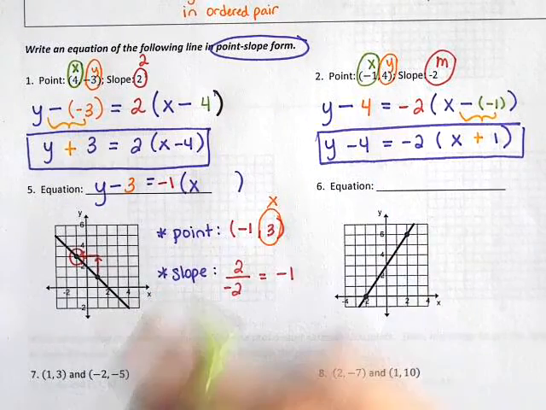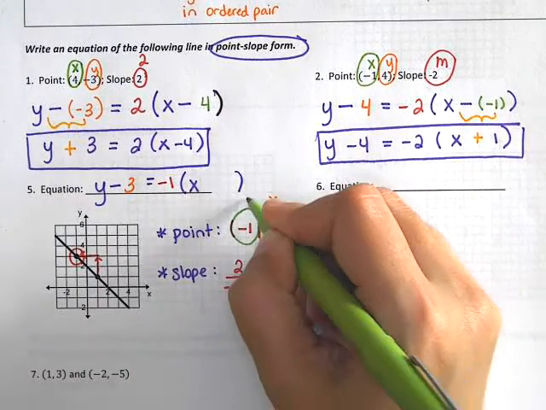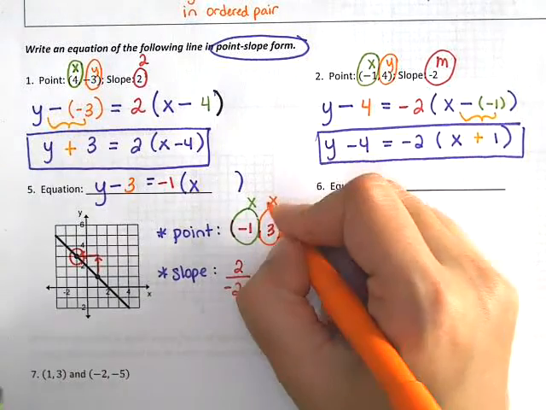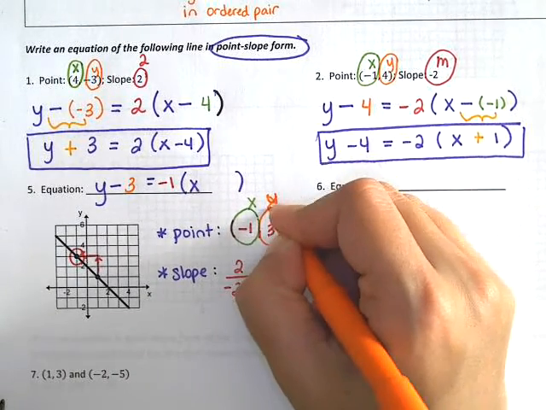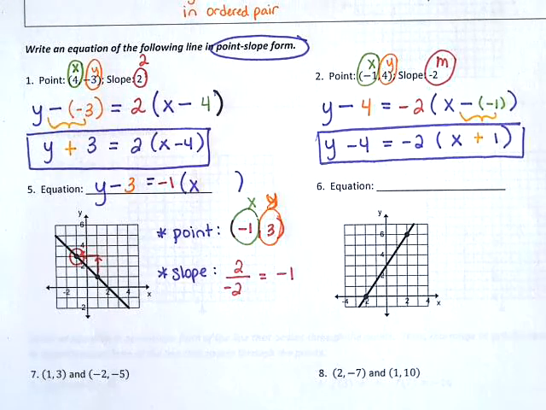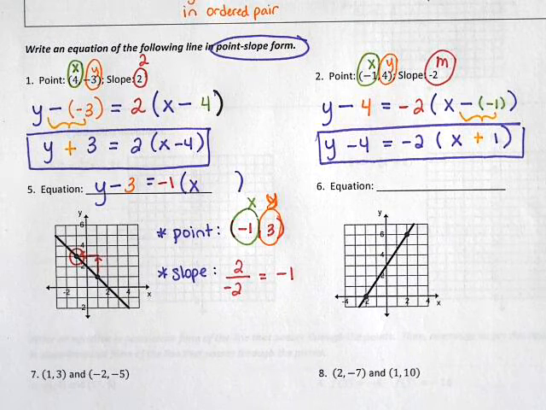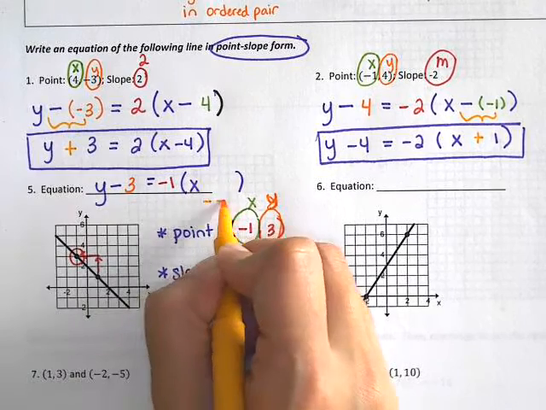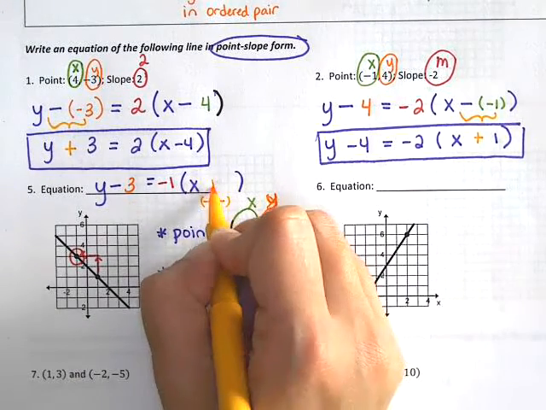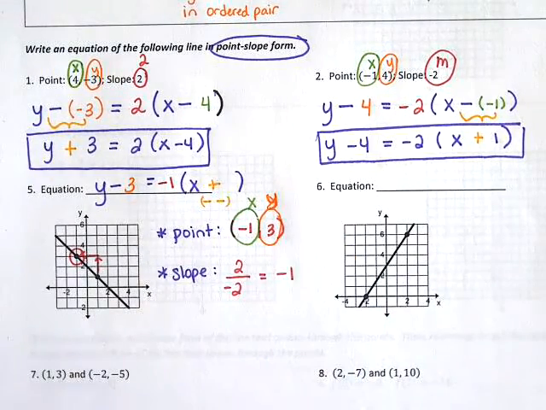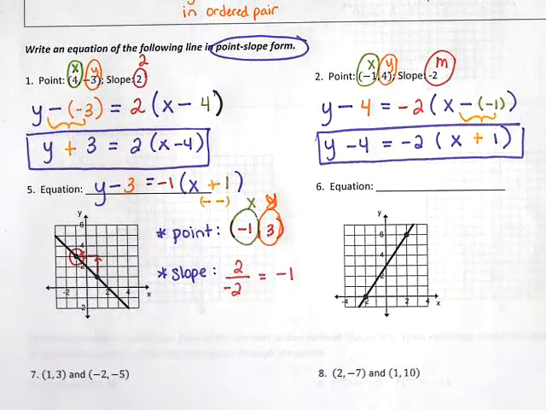But do you notice that in this problem, the x is a negative 1? Oops, this should have been a y. I'm sorry. If I ever have two minuses in a row, it's going to be a plus. So here's what I'm going to do. I know there's going to be a minus here. So I'm just going to change it to a plus automatically and put in the 1.